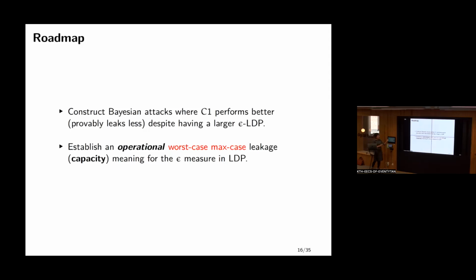The second goal is to establish an operational worst case, max case leakage, meaning a privacy capacity result for the epsilon measure in local differential privacy. So first we are going to show the inconsistencies, and then say that despite these inconsistencies, the epsilon value has a clear operational Bayesian attack attached to it. So with these two goals, let's move on.